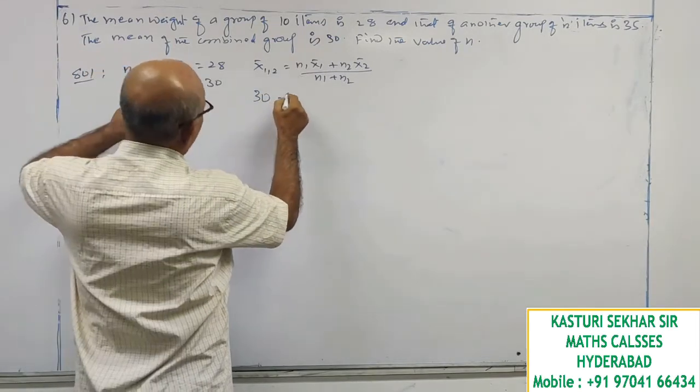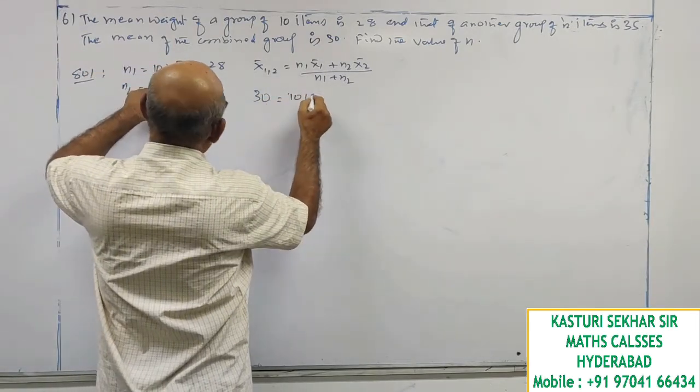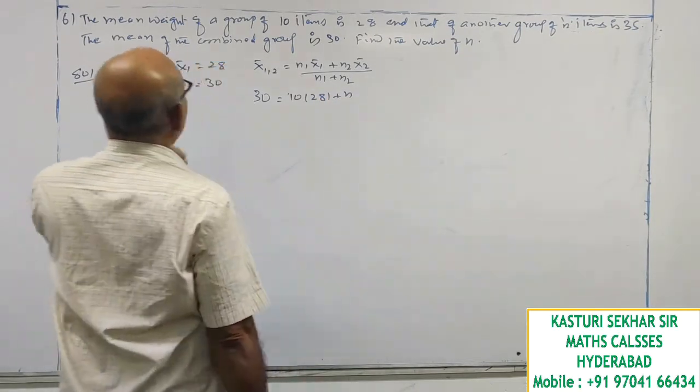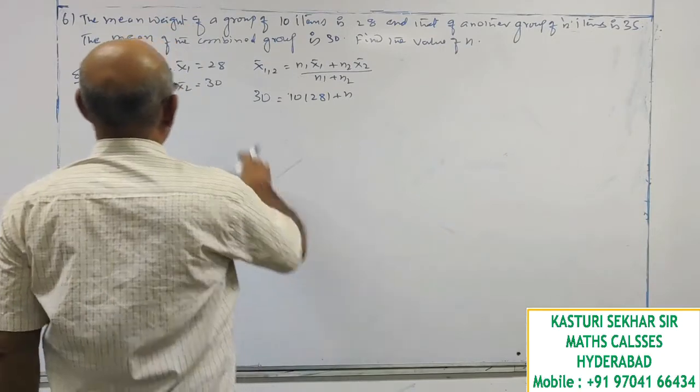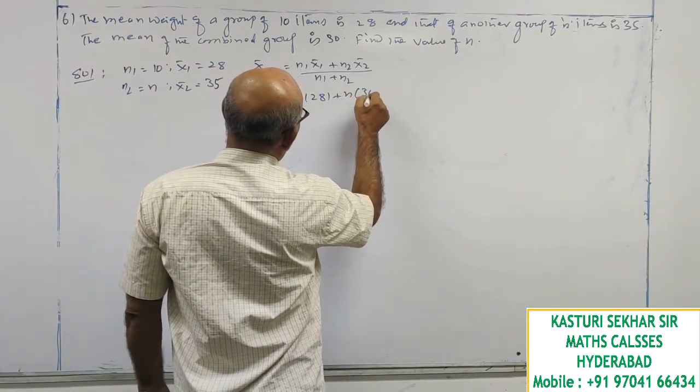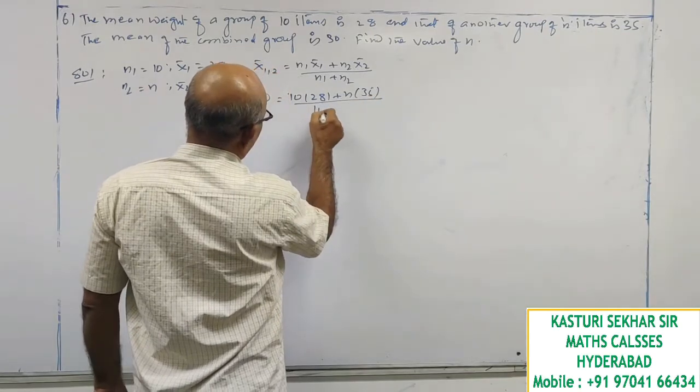So 30 is equal to 10 into 28 plus n into 35, divided by 10 plus n.